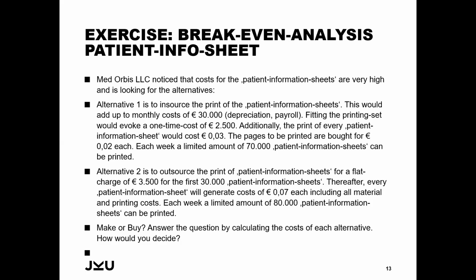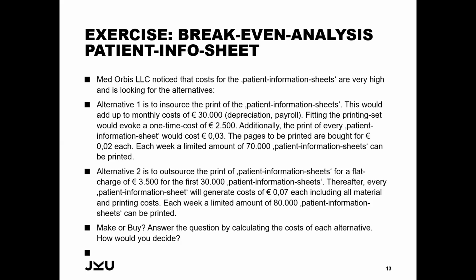So the question is make or buy. Answer the questions by calculating the costs of each alternative, and then based on that, make a decision. So in alternative 2, we clearly see that we have one flat charge, and that's 3,500 euros for the first 30,000 patient information sheets, which means at this point, we would actually have to calculate which one is cheaper.